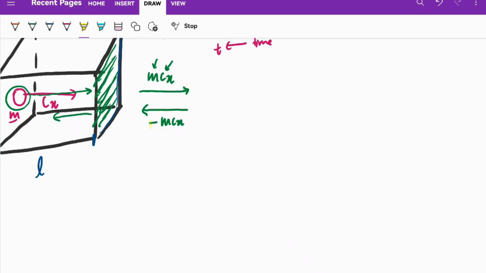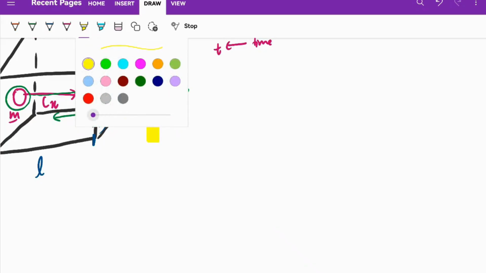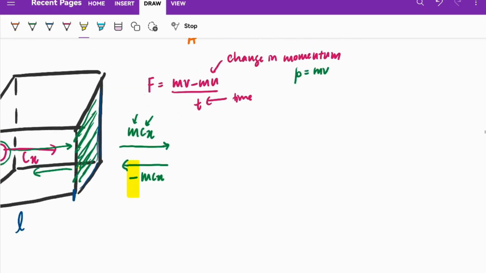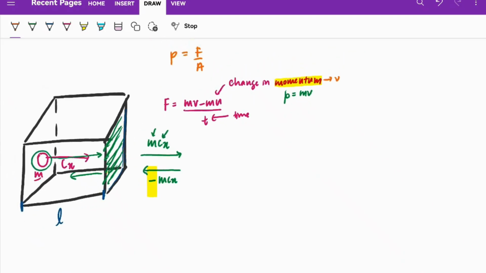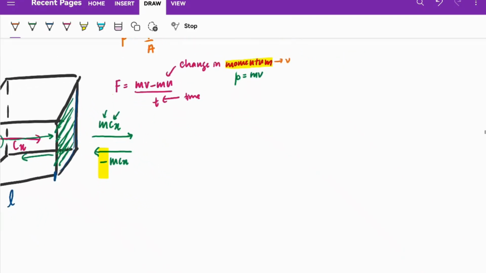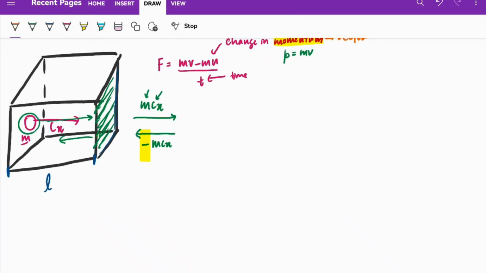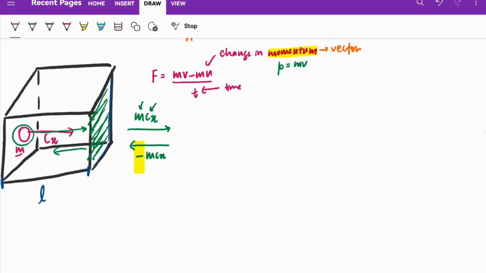Because you are reversing direction, and momentum is a vector. Very important: since momentum is a vector, direction is very important. So it is negative mcx. Okay, now we got the force in terms of momentum. We got the change in momentum, where we find mcx, and in the reverse direction it's negative mcx. How about the time?